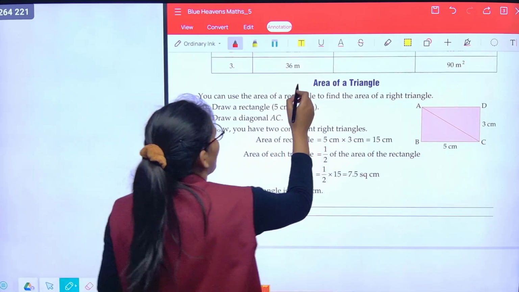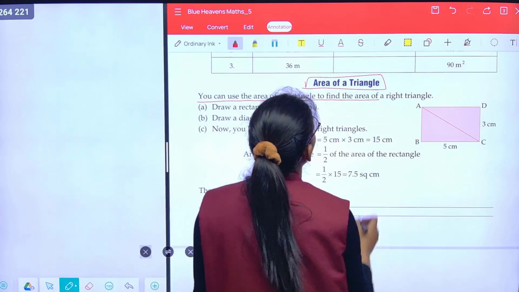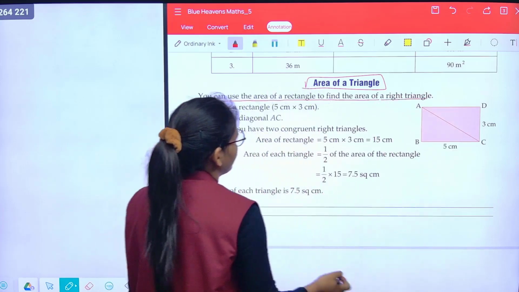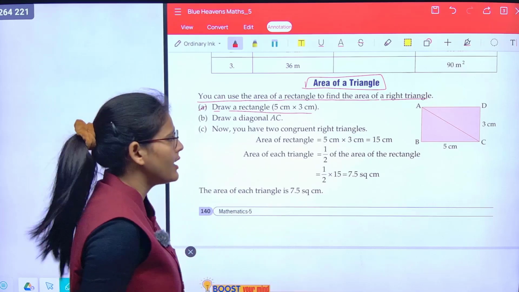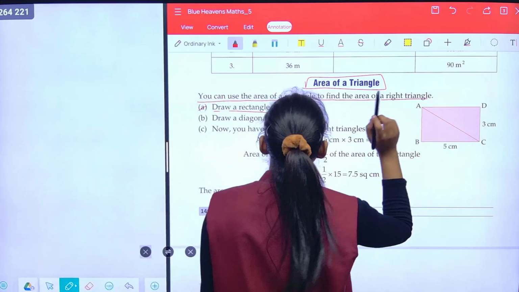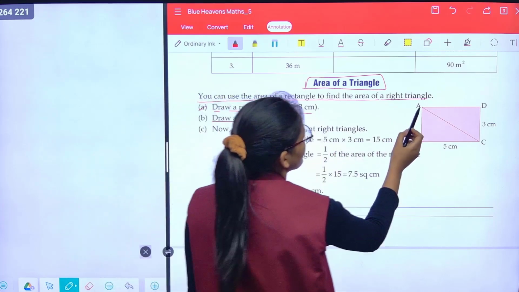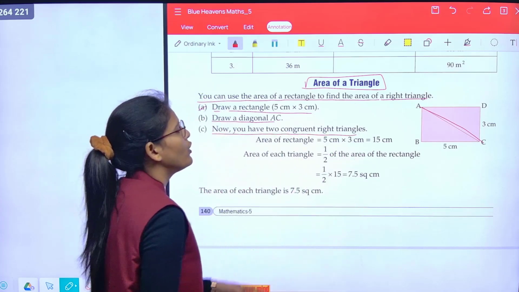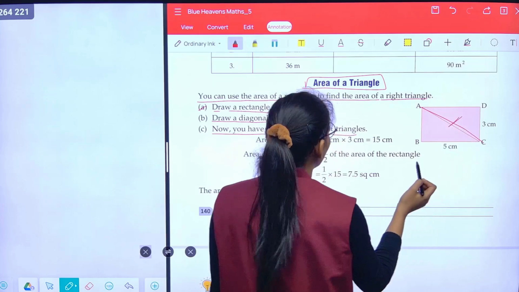Now area of a triangle. You can use the area of a rectangle to find the area of a right triangle. Draw a rectangle 5 centimeter into 3 centimeter. Draw a diagonal. What is the diagonal here, class? AC. Now you have two congruent right triangles. Congruent means they are the same as each other.